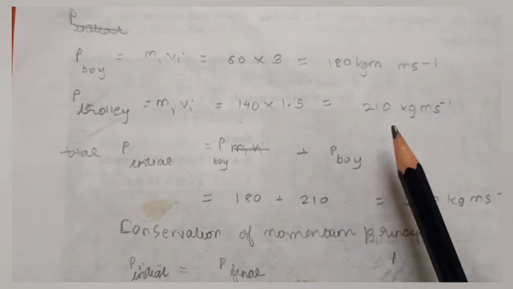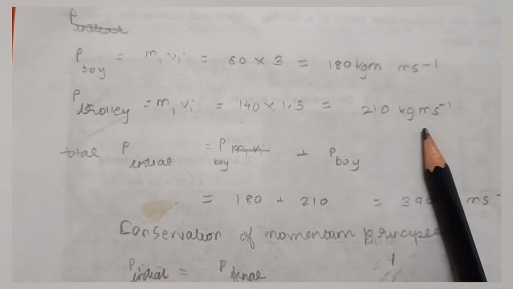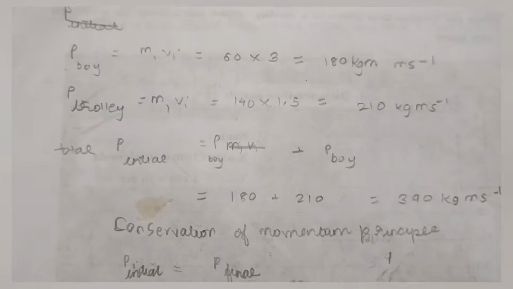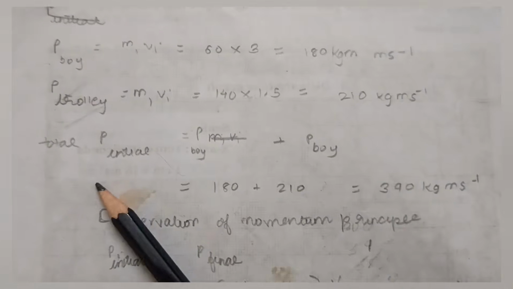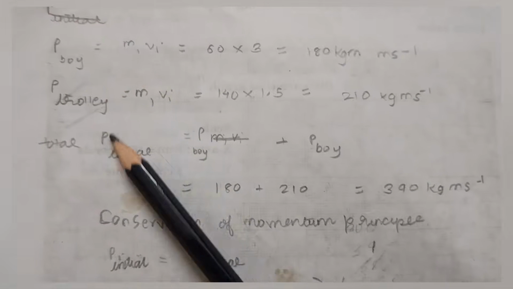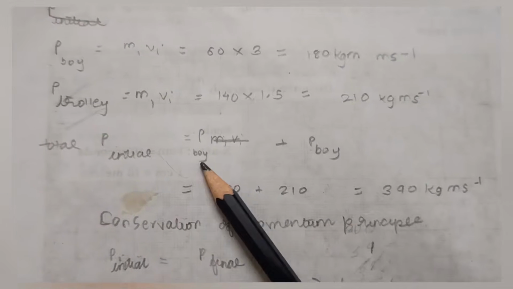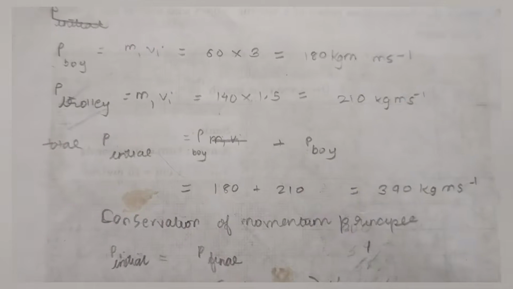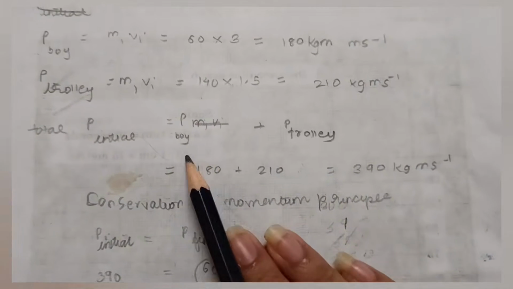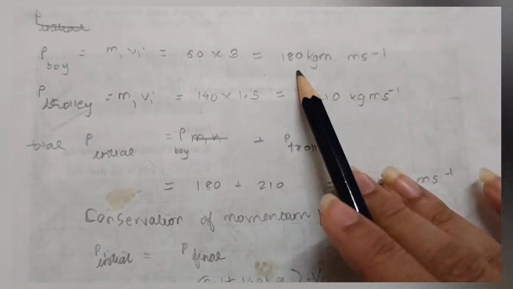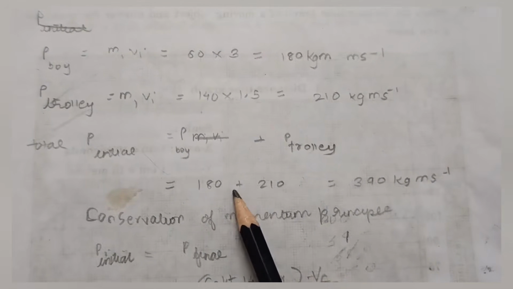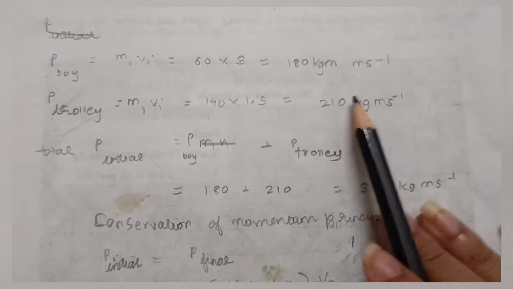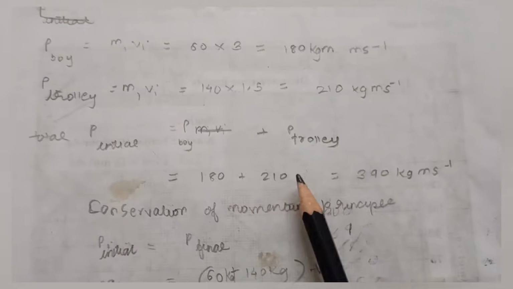After multiplying, we get 210 kg m s^-1. The total initial momentum is equal to the initial momentum of the boy plus the initial momentum of the trolley: 180 kg m s^-1 plus 210 kg m s^-1.